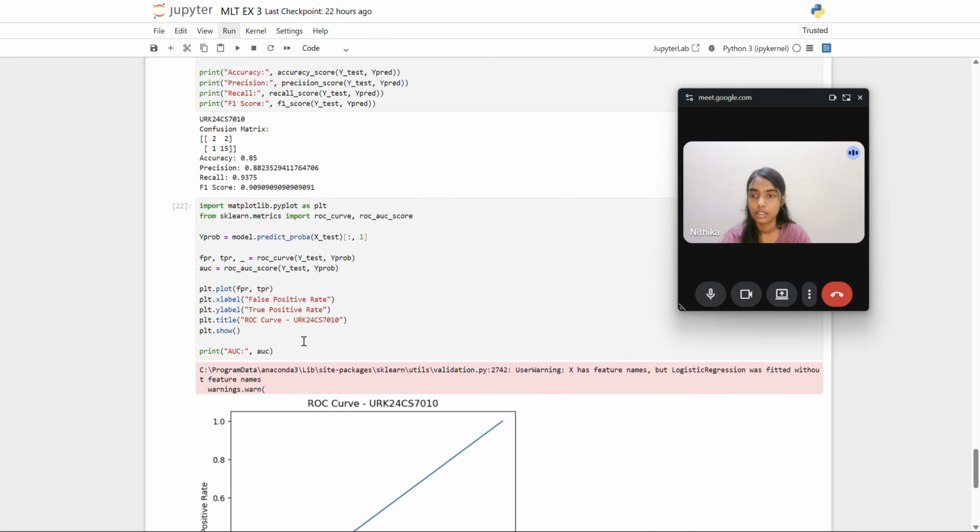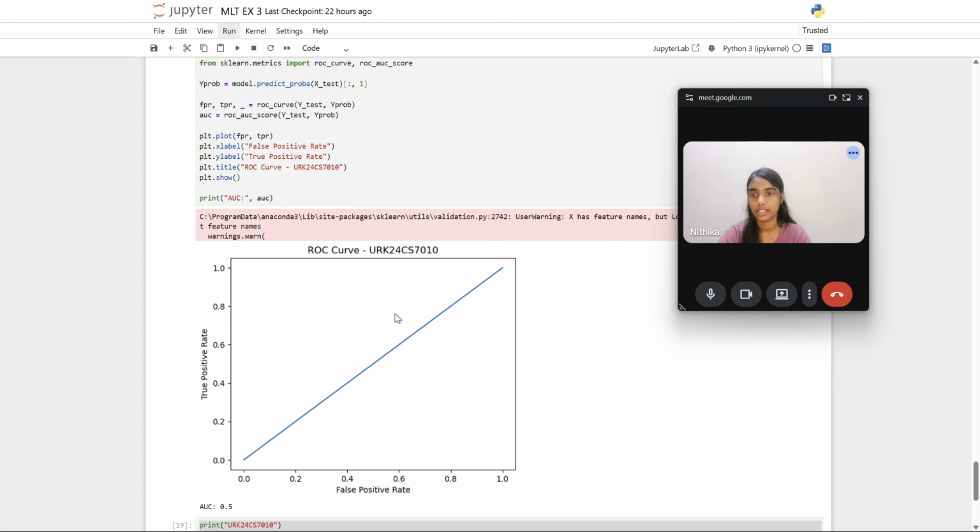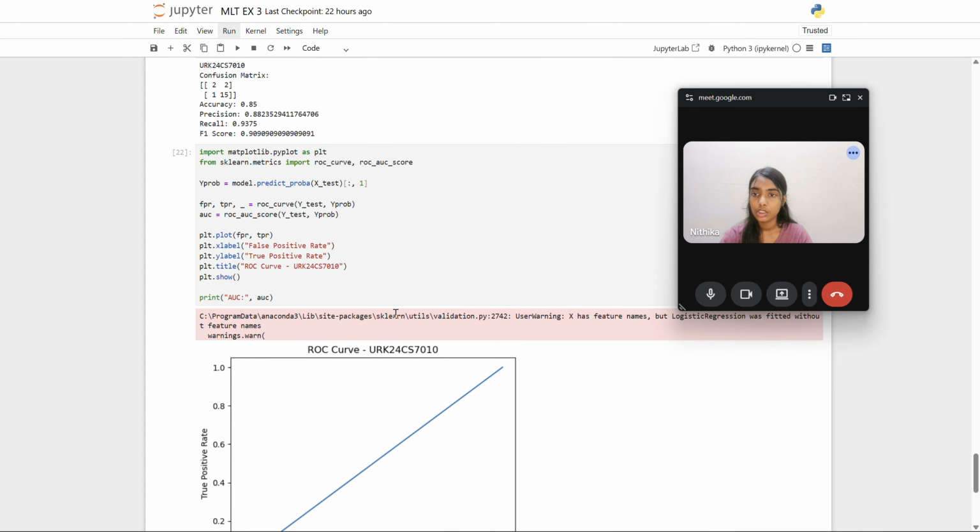So next, this represents the graph, the straight line graph. predict_proba gives the probability of each class. This selects the probability of the positive class, which is malignant and not benign.